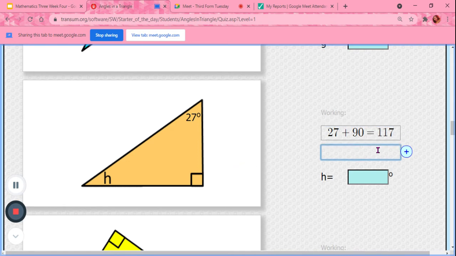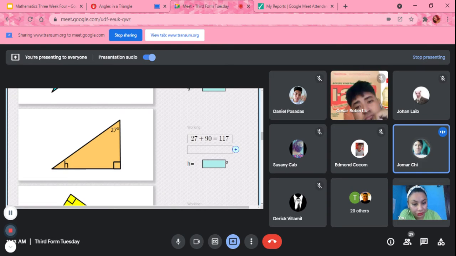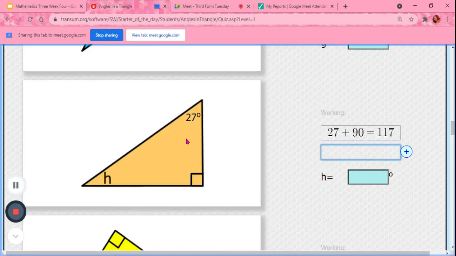Now, for me to find the magnitude of H, what am I going to be doing with that 117? Subtract it from 180. Very good. And when I do that subtraction, what do I get? 63. Very good. And that will be my answer.